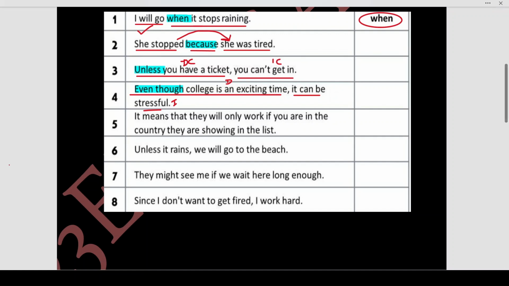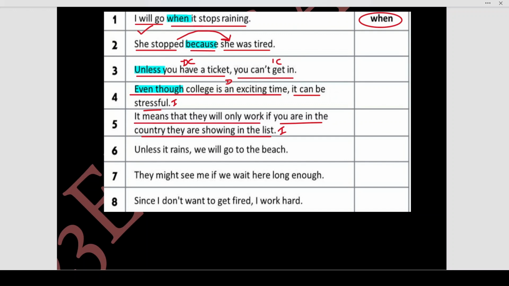Number 5. It means that they will only work if you are in the country they are showing in the list. Now, you are in the country they are showing in the list. This part of the sentence makes sense on its own. So this is an independent clause. Now, it means that they will only work.